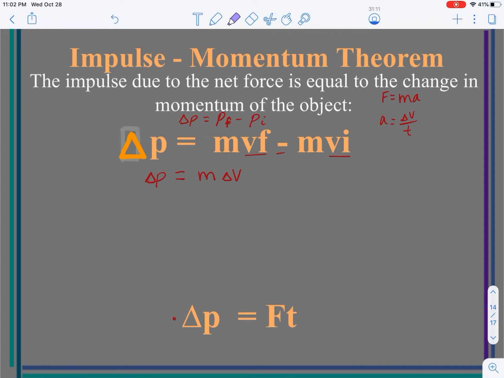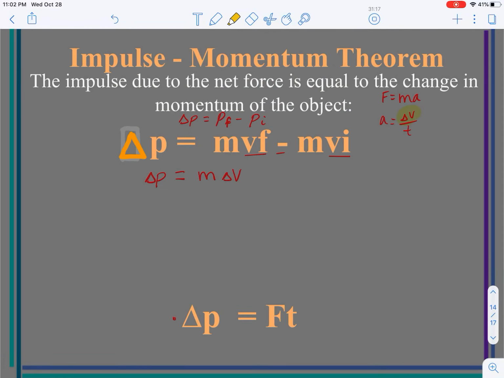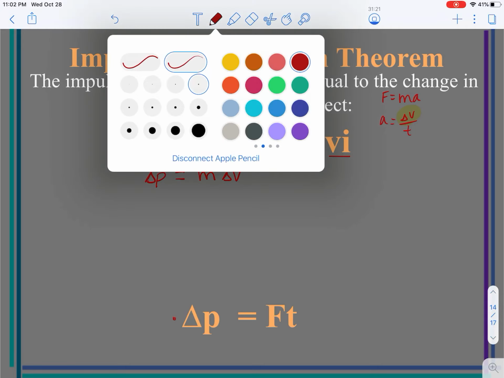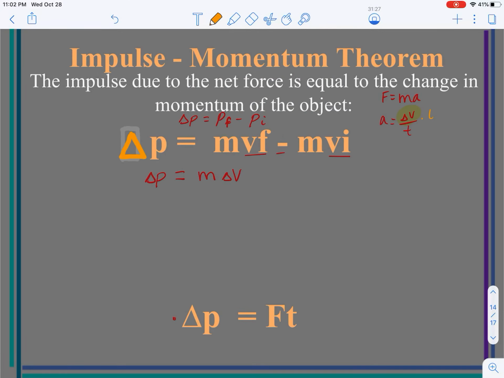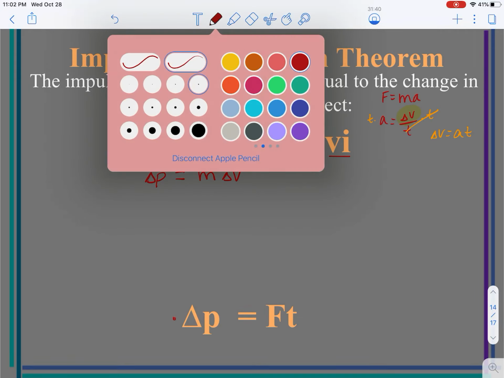Now, if we look at the acceleration formula and rearrange for a change in velocity, I'm going to multiply both sides by t. So my change in velocity is equal to acceleration times time.